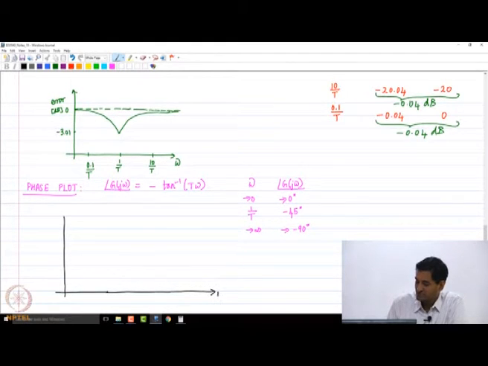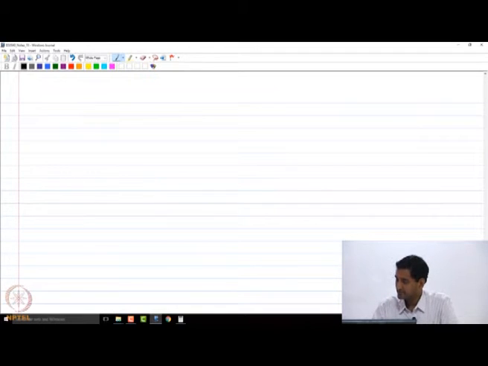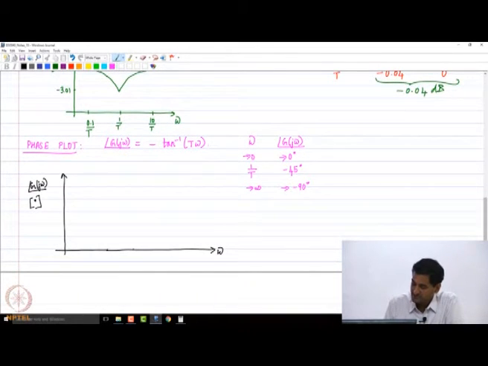Let's say we plot against omega the phase of G of j omega in degrees. What are we going to get? So let's do that. Once again, I take 1 by capital T, which is the corner frequency.